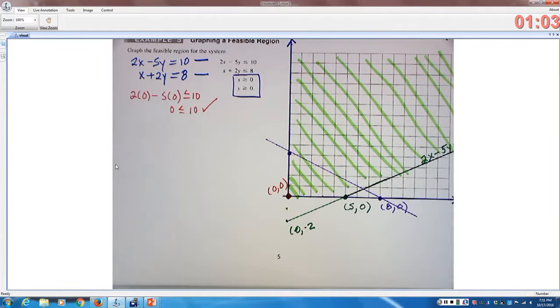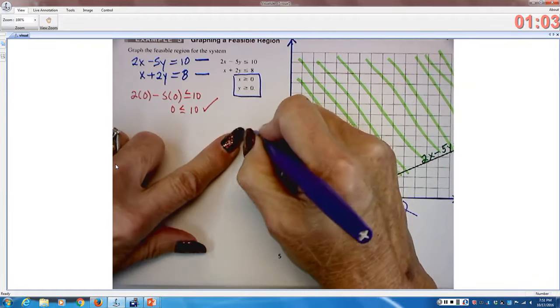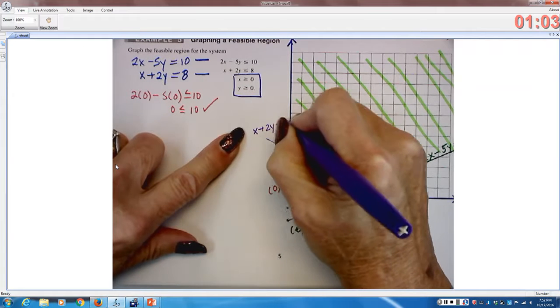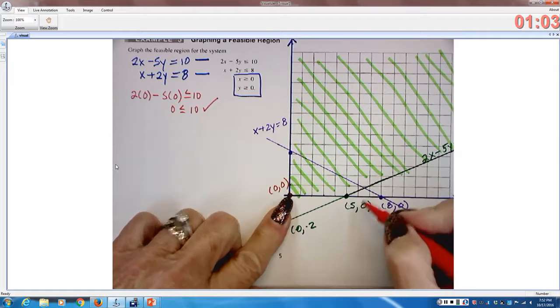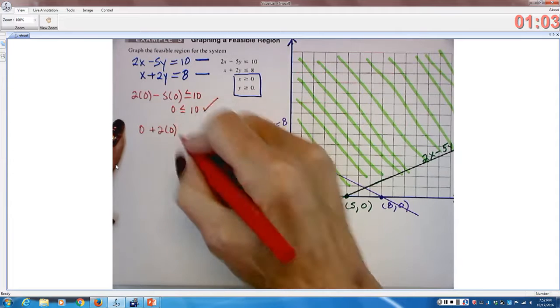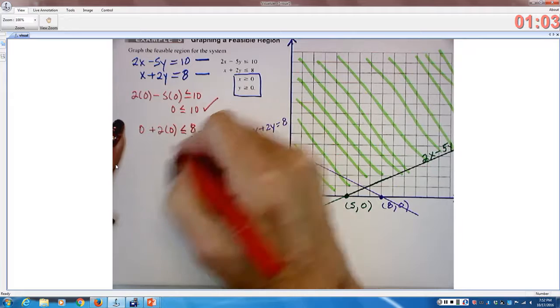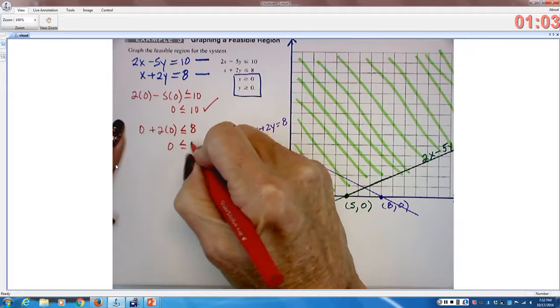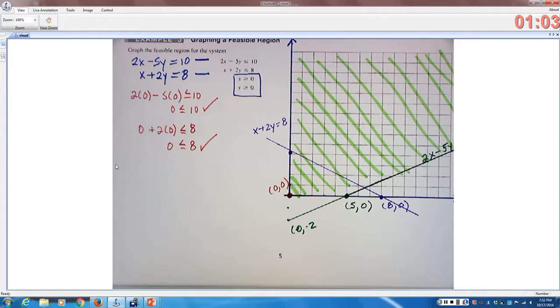And the line does go on, but I don't care about anything except the part that's within this quadrant. So I can still test my favorite point because it's not on the line. 0 plus 2 times 0 is equal to or less than 8. And 0 is, in fact, equal to or less than 8. So I'm going to shade from that line toward 0.